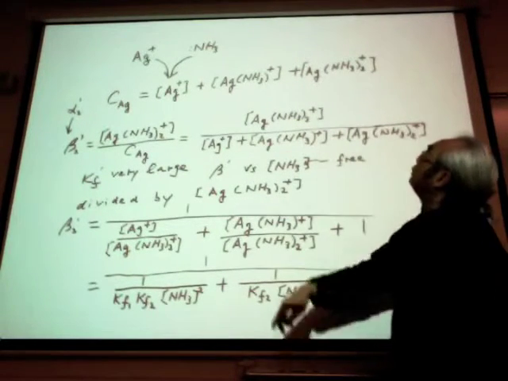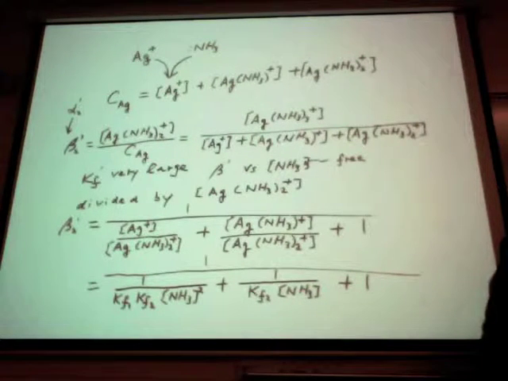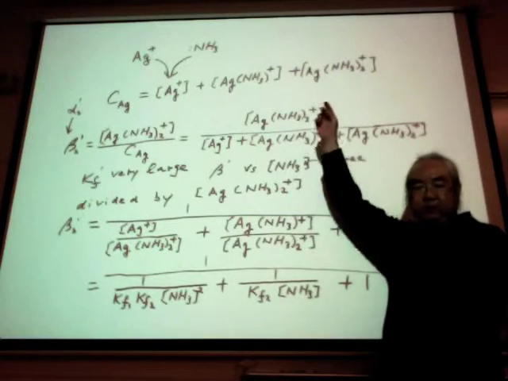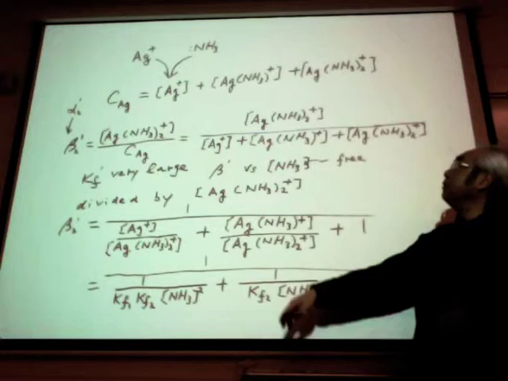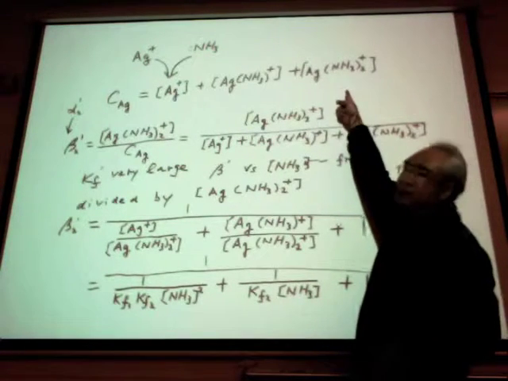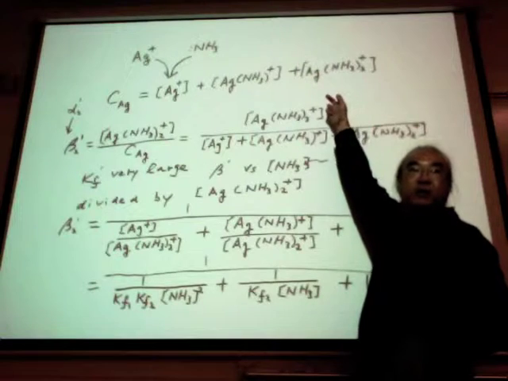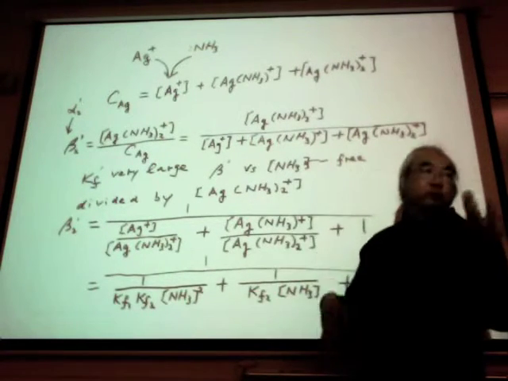It will not continue with ammonia 3 or ammonia 4 with silver. Then how do you know that? Well, when you read the K formation table, it starts with this chemical formula. So you know how many Kf. There will be only 2 Kf.